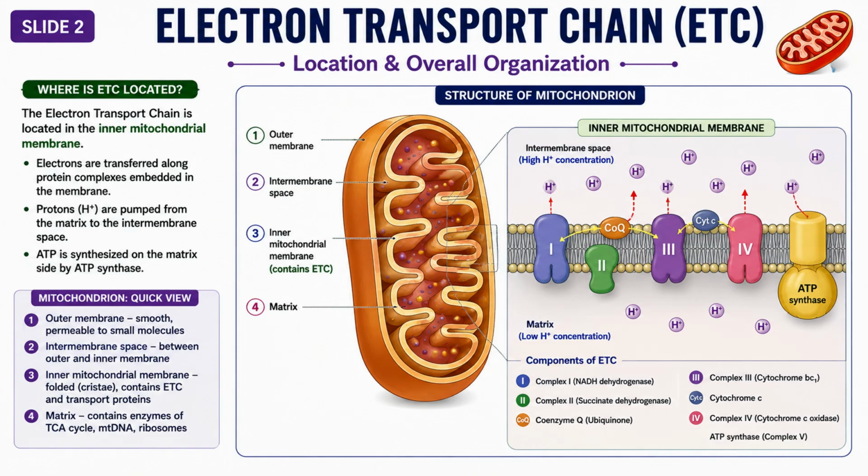This creates a proton gradient across the inner mitochondrial membrane. The accumulated H+ ions then flow back into the matrix through ATP synthase. The energy released during this movement is used to synthesize ATP from ADP and inorganic phosphate. Thus, the organization of the inner mitochondrial membrane allows efficient electron transfer, proton pumping, and ATP production.